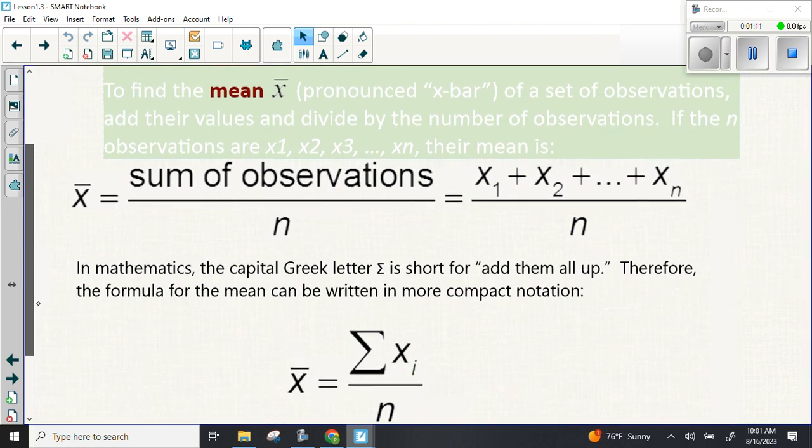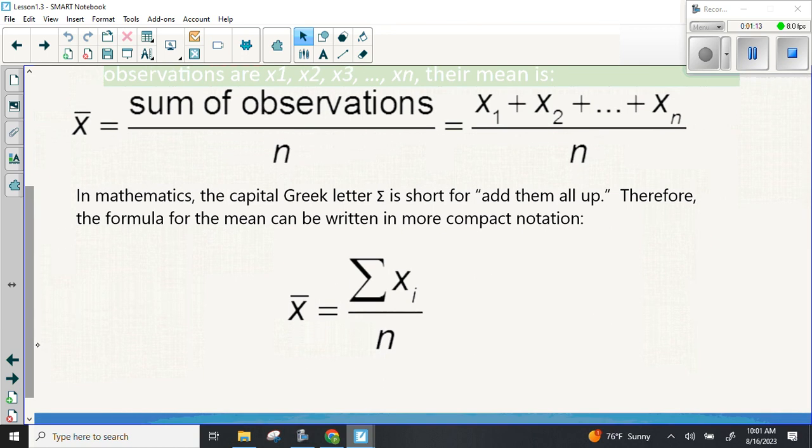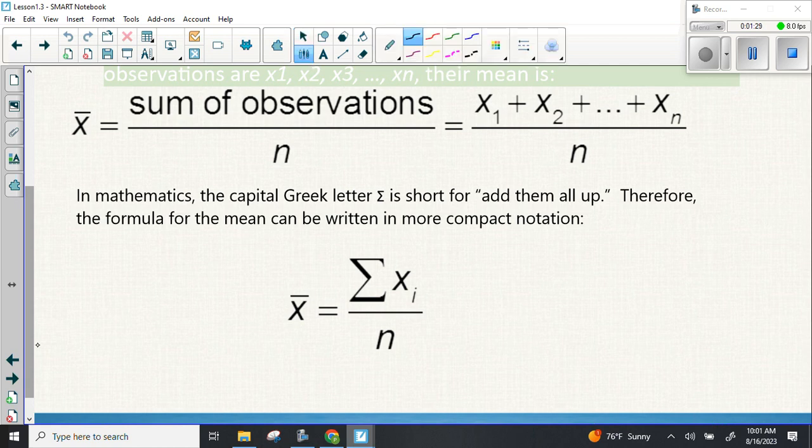So what we're going to do is find the mean. You know how to find the mean. It's an average: you add up every value in your data set and divide by the number of values. That's what this says. Another thing we need to talk about is this symbol right here. I call this X bar.